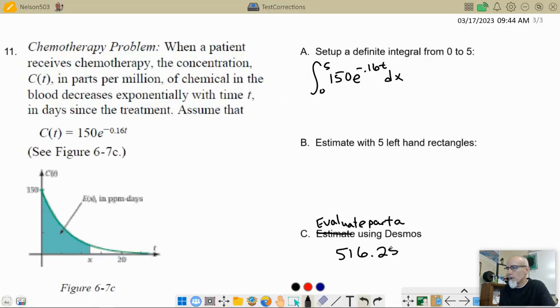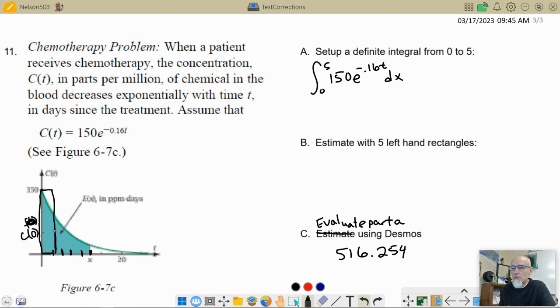For 5 left-hand rectangles, each rectangle would have a width of 1. So if my width is 1 and I want left-hand rectangles, I want to go up there and over, right? So this height's going to be f of 0, or c of 0, my function c. So let me change that to c of 0.